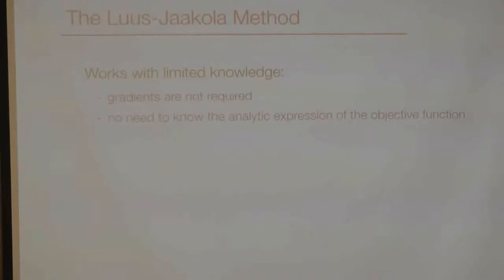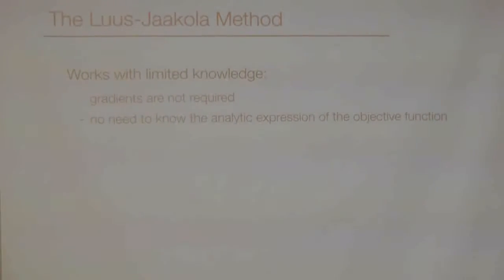So just a short summary of the method. It is applicable to problems where we have very limited knowledge. Essentially, we don't require to know the gradients nor the Hessians. We only do require the objective function, but we don't even require the analytical form of that. We just need the measurements of the objective function.